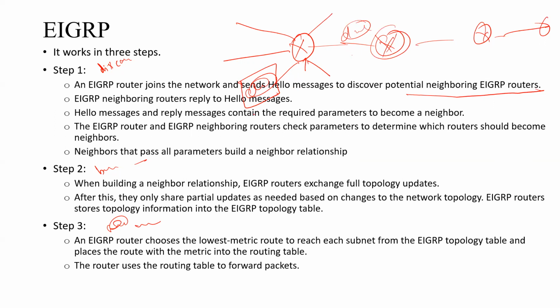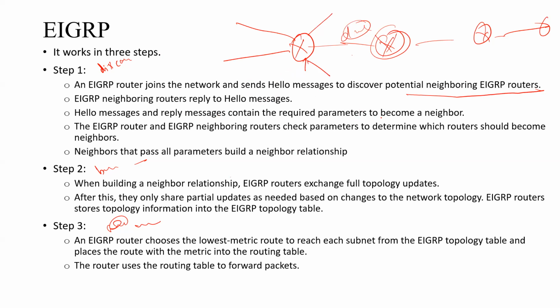After discovering, it will build a relationship with the neighbor to share the routing information. To discover and to build the relationships, it will send some hello messages and reply messages.